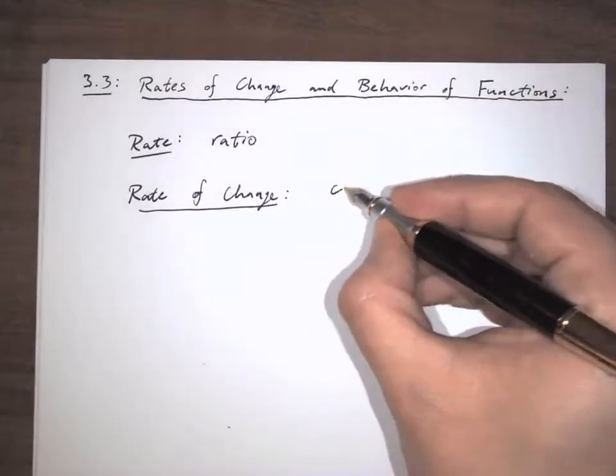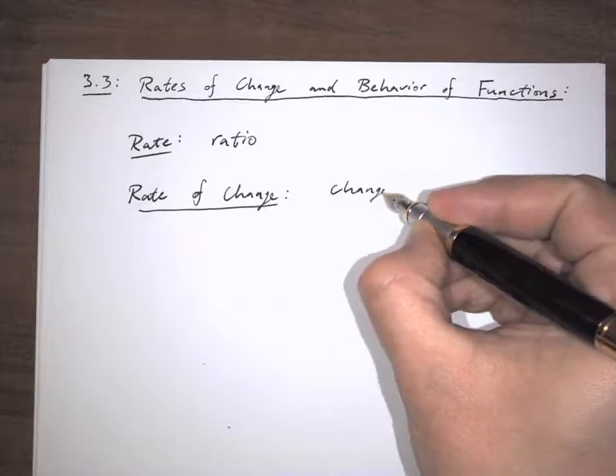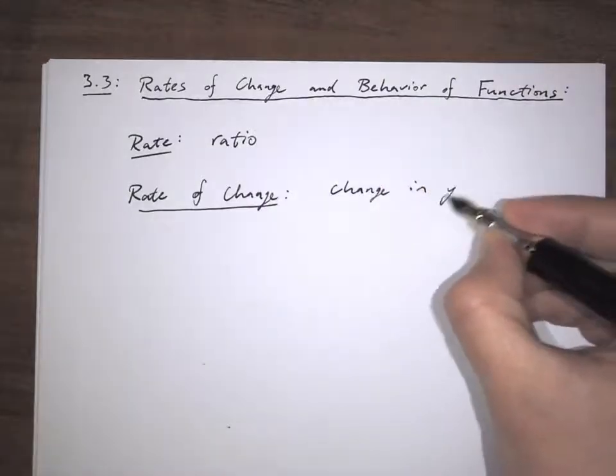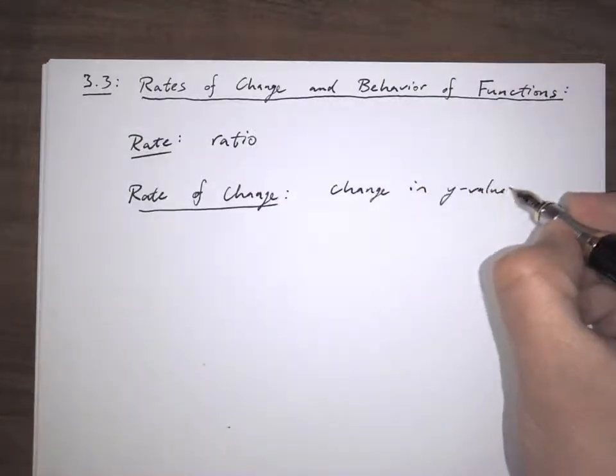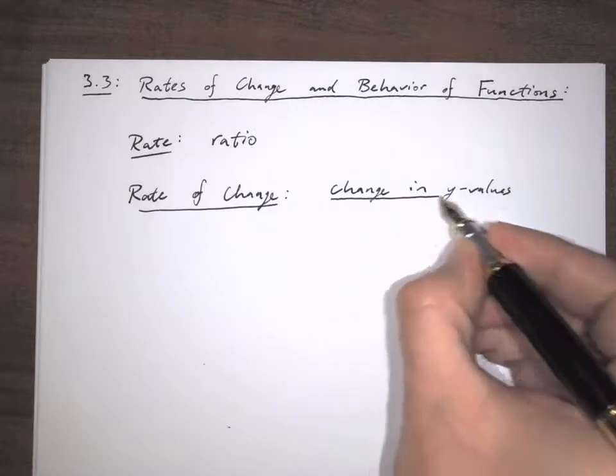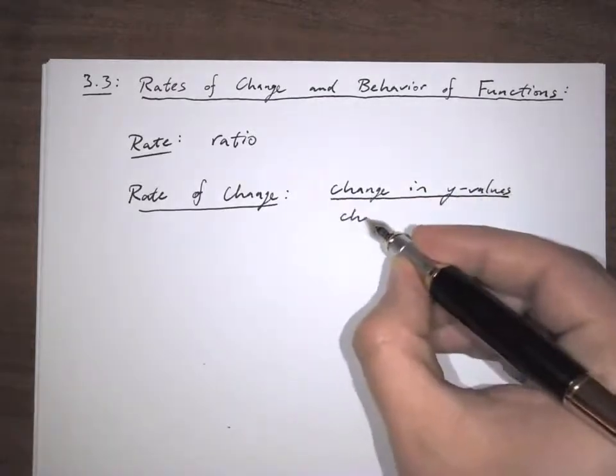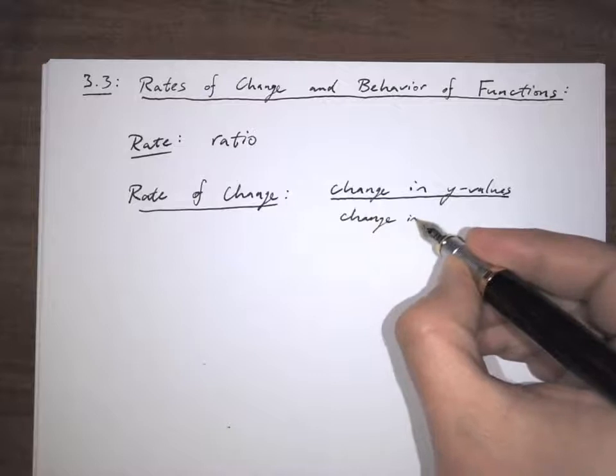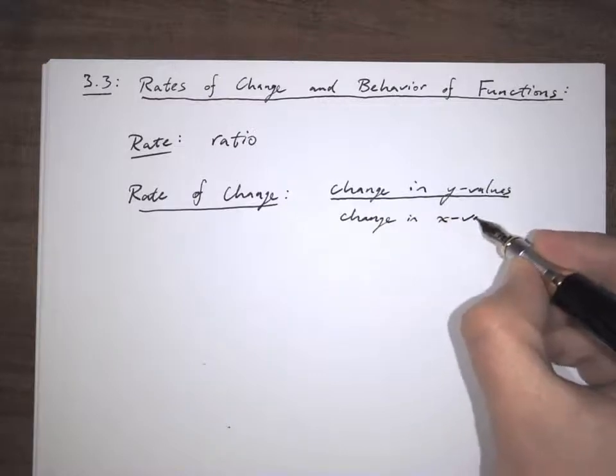So this is change in y values divided by change in x values.